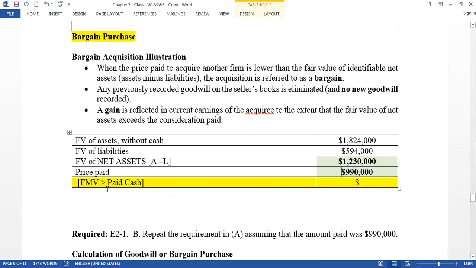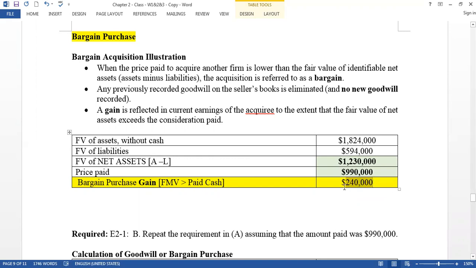If this is the case, this is called bargain purchase gain. Is this good news or bad news? Good news, so good news means gain. So the bargain purchase gain is $240,000.